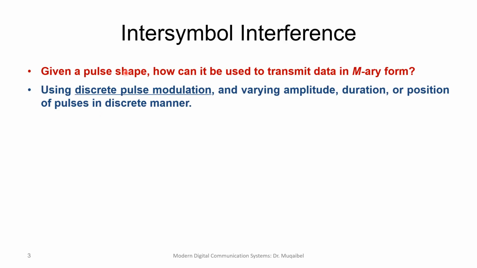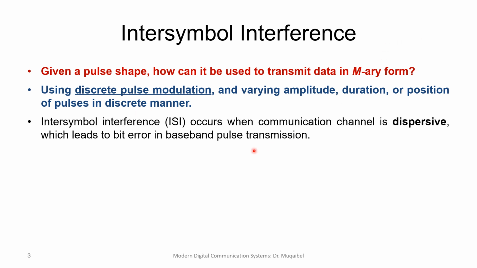Intersymbol interference. Given a pulse shape, how can it be used to transmit M-ary forms? We can use discrete pulse modulation, and we can vary the amplitude, duration, or pulse position to represent the M-ary in a discrete manner. The problem is that we get intersymbol interference when the communication channel is dispersive, which means it has a certain limited bandwidth.